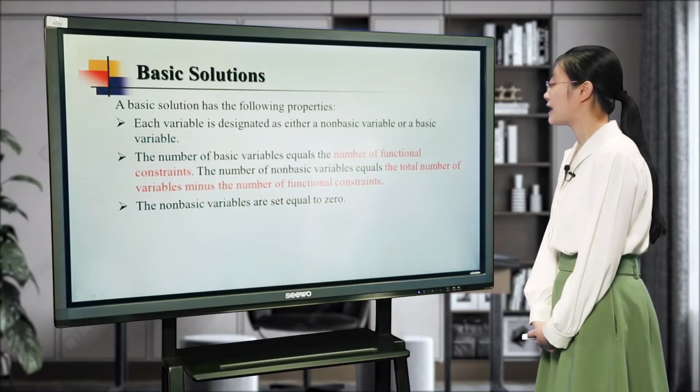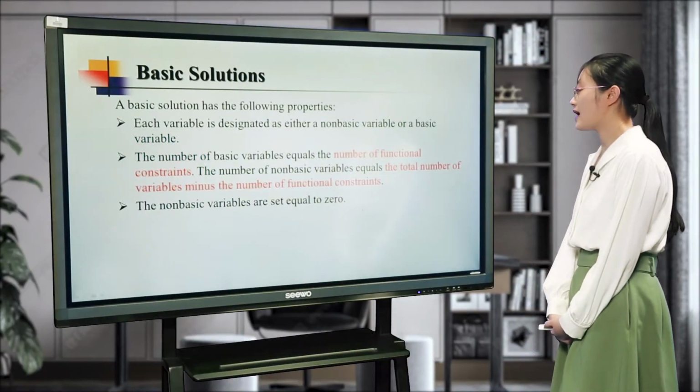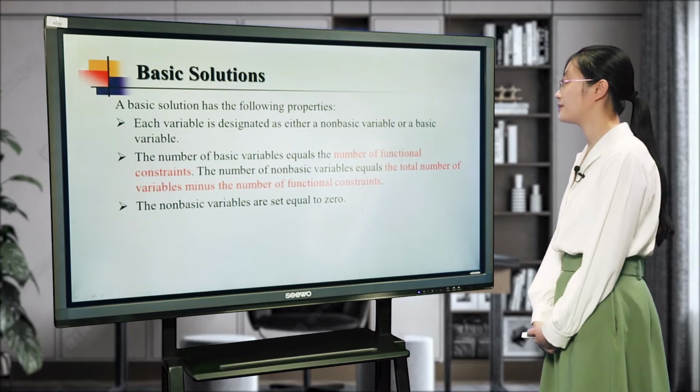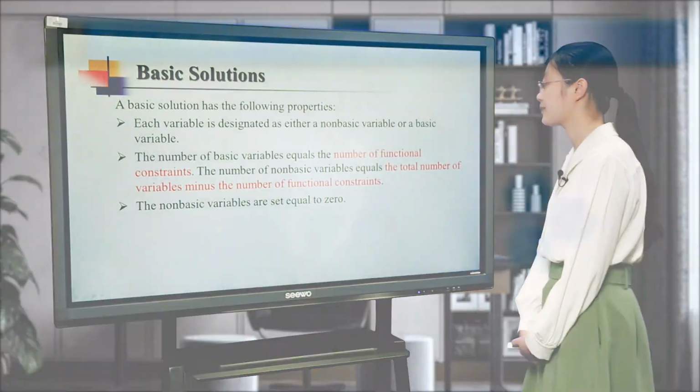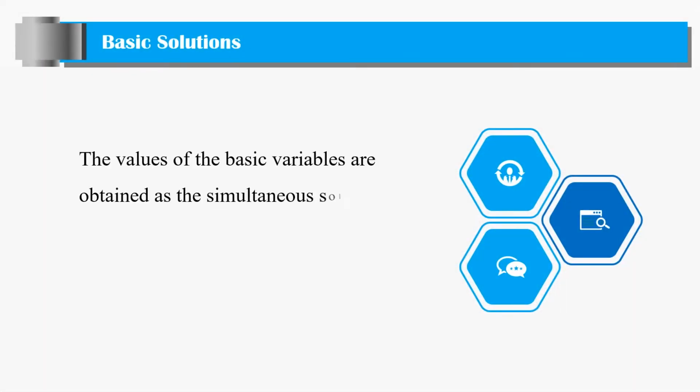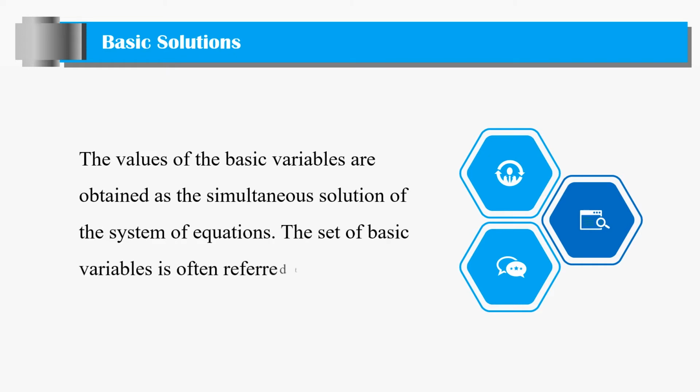Third, the non-basic variables are always set equal to 0 in our simplex method for convenience. Last, the values of the basic variables are obtained as the simultaneous solution of the system of equations. And this set of basic variables is often referred to as the basis.